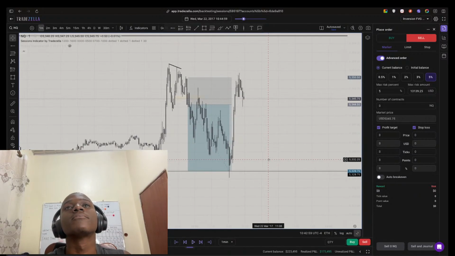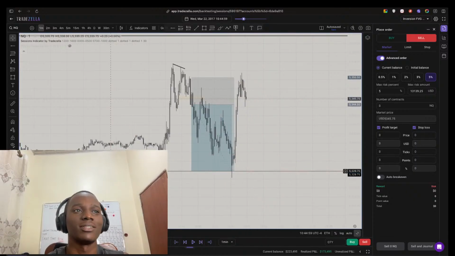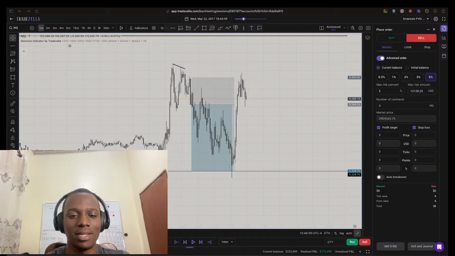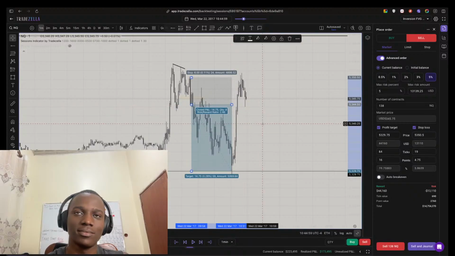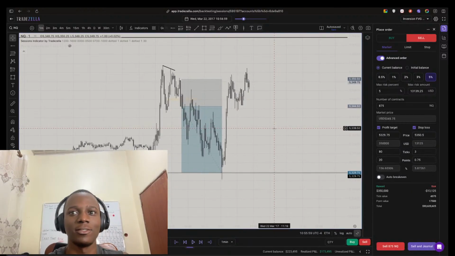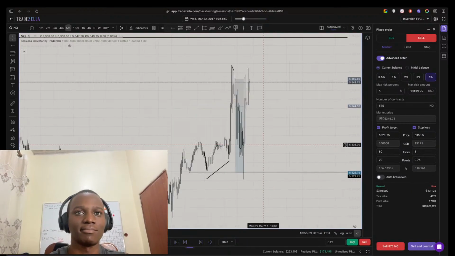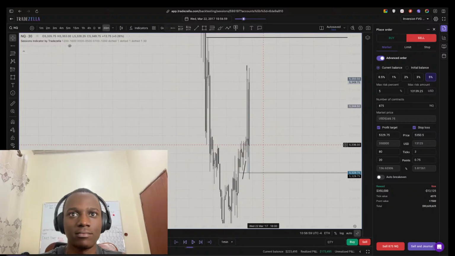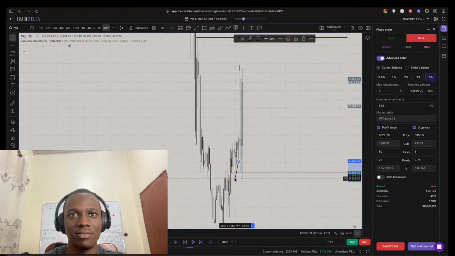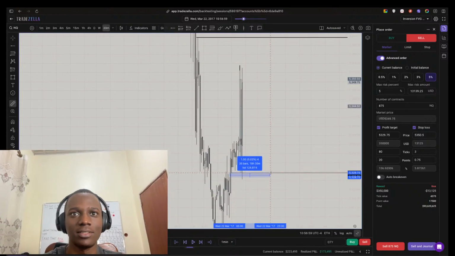Bro, I'm the one who's sabotaging myself here, since my original TP was like on point, but then I wanted to target more, then I get cooked. This is so stupid of me. The reason this was the perfect roll was because of this gap here.